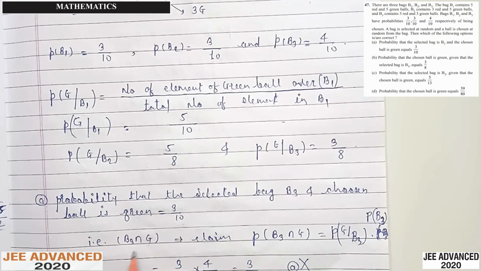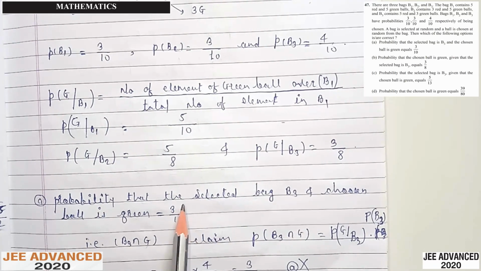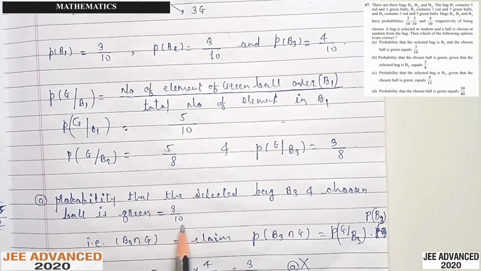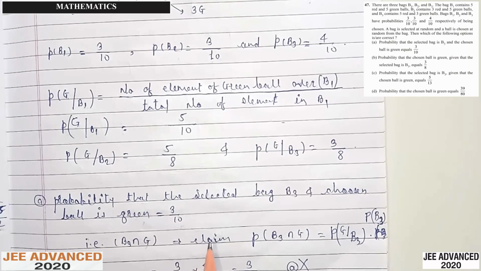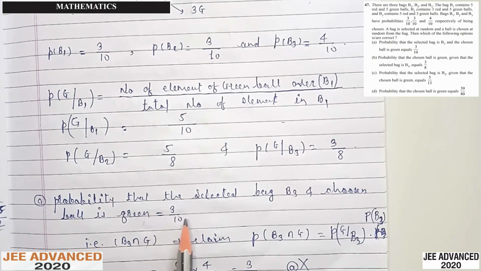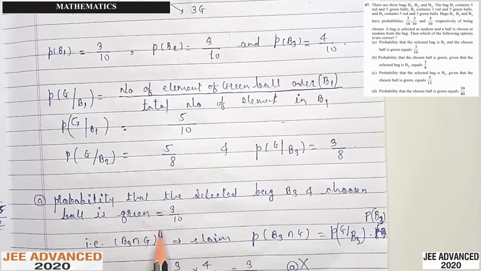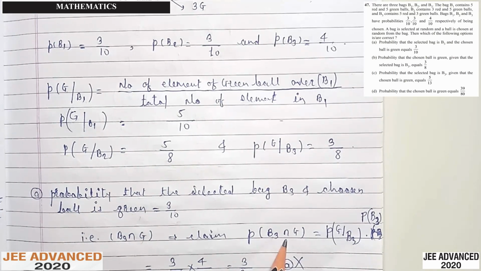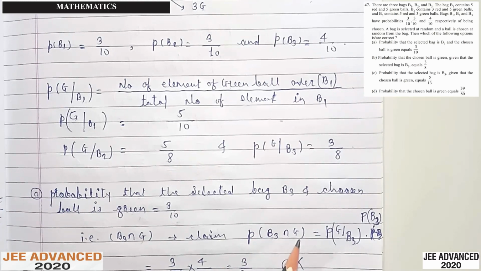Understand the meaning of the statement, don't get confused. We want the probability between bag B3 and the chosen green ball. If you want the probability between two events, B3 and green ball, we write their intersection. Nothing is difficult. So we want the probability of bag B3 intersection green.